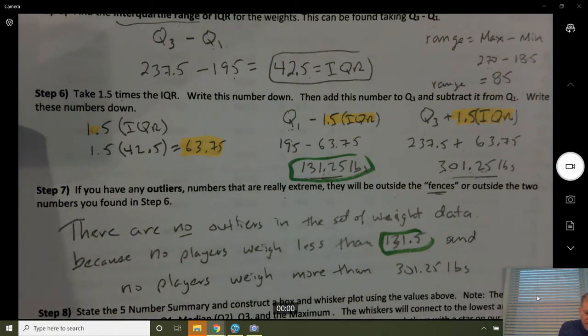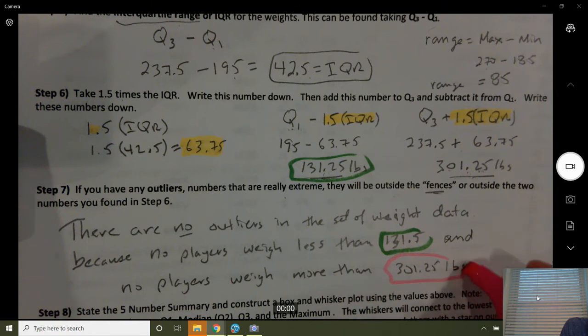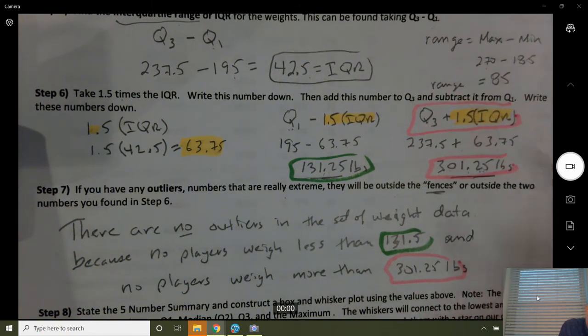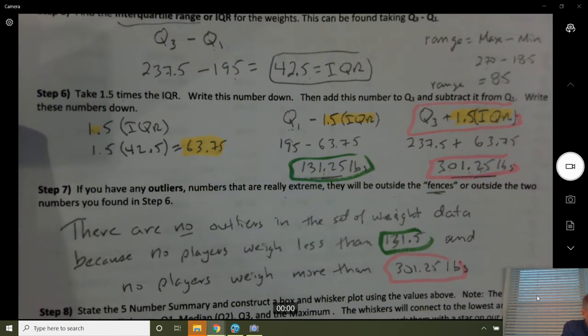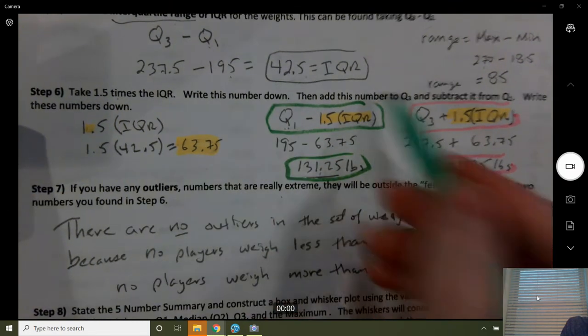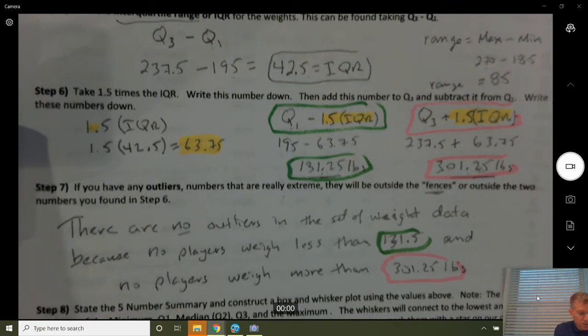Okay, and this comes from this calculation right here. Remember, that was the Q3 plus 1.5 times the IQR, and this one here was the Q1 minus 1.5 times the IQR. Okay, that's a rule of thumb.